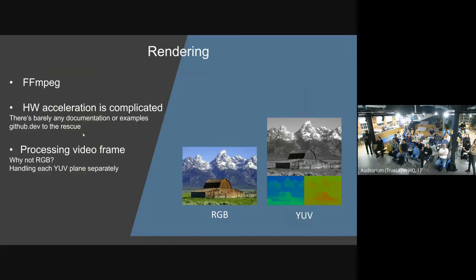Everything is working great. Now we need to render things, because there's no point in just seeing that in the user interface. We want this video rendered. The obvious choice here is to use FFmpeg to support all those different input and output formats. But we also want to employ hardware acceleration, both for decoding and encoding of the video.